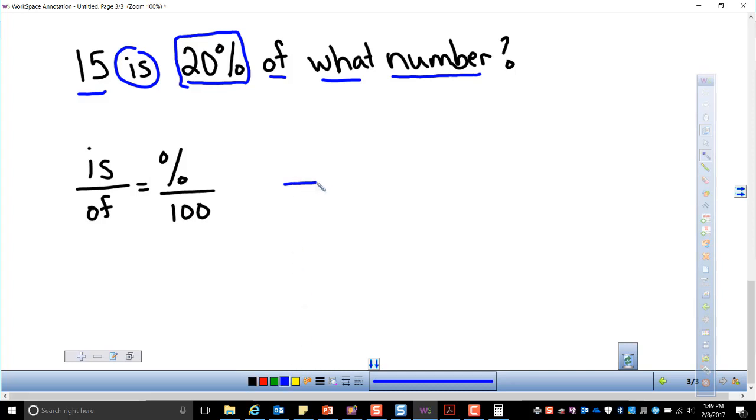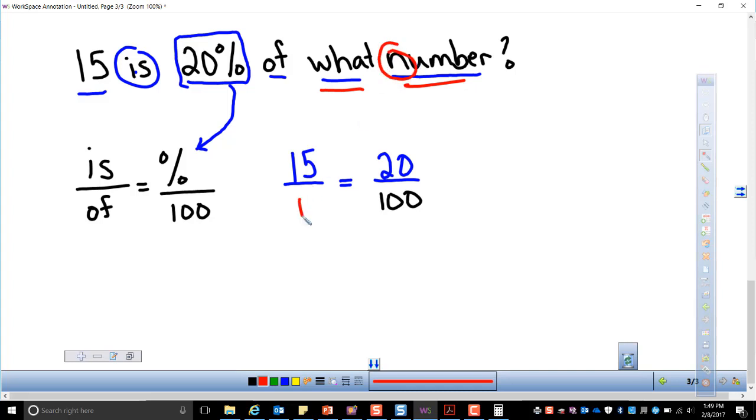So if I use my numbers, I have 15 is, so it goes on top. I have 20%. Well, it's a percent. The percent goes in the top. And the number that goes on the bottom is always 100. And now we're missing this number because it says what number. So I'm going to use the letter N for number because that's what I'm looking for. To solve, you're going to multiply these two.